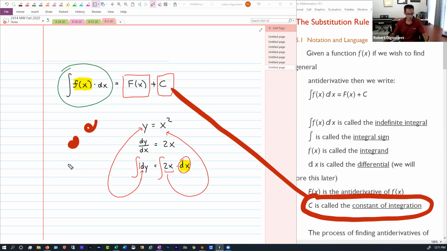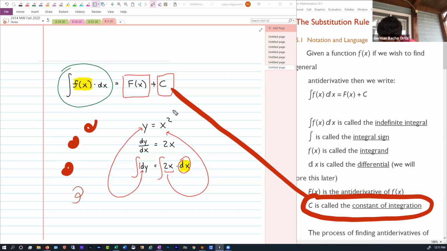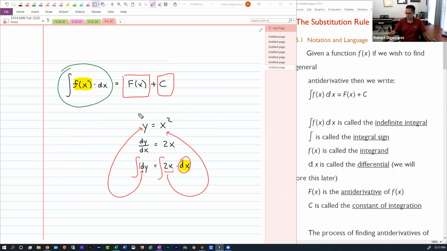Why is that not getting smaller? There we go. All right, so this is all just notation now. We have the indefinite integral, we've got the integral sign, we've got the integrand, we've got the differential, we've got the antiderivative, we've got the constant of integration. Great, great. All right, we keep going.